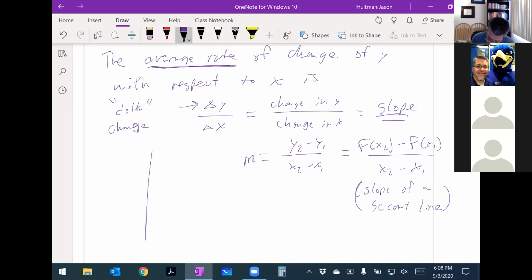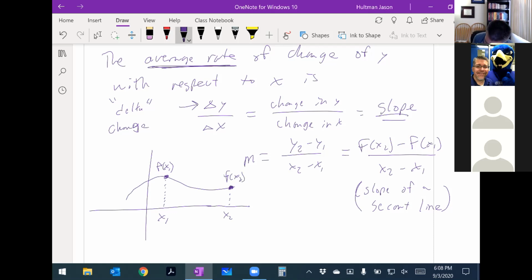Say that we have a curve, any old curve here, and at x1 we have a value f of x1. Let me move that point over to here. Over here we have the x2 value, and this is f of x2.